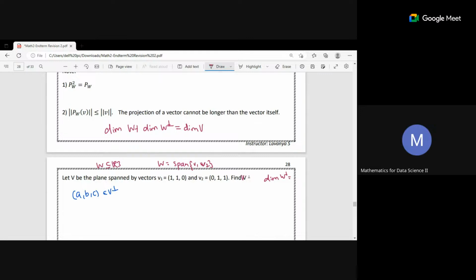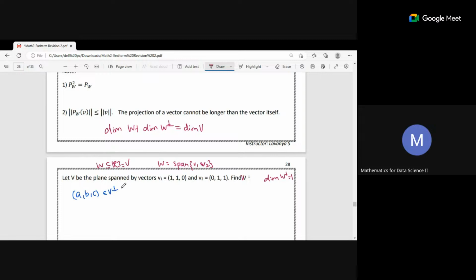What is the dimension of W perp here? You don't know what the dimension of W is at least? 2, ma'am. If the dimension of W is 2, and V is R3, then it is 1. So for W-perp, you just need to find one vector in the basis.